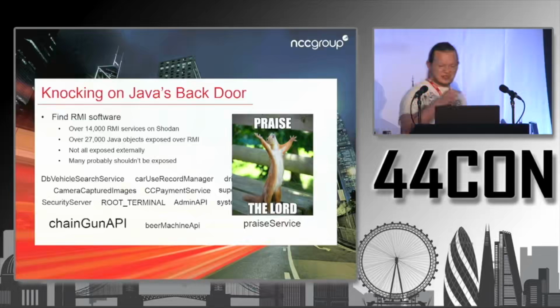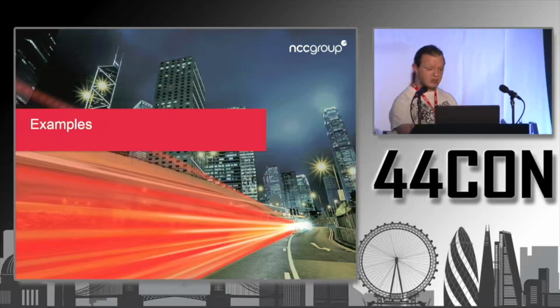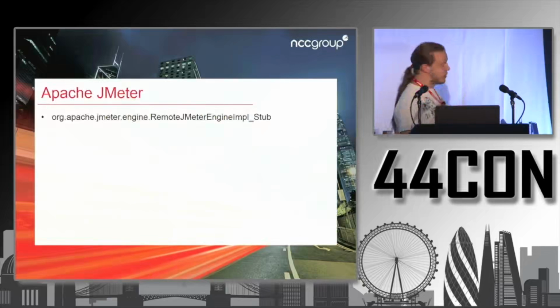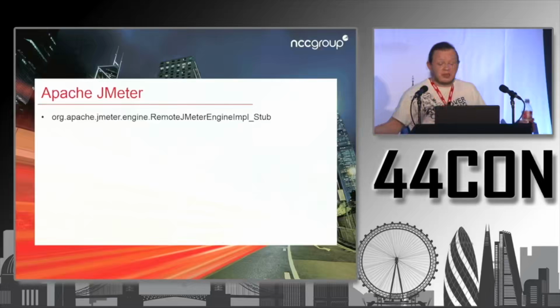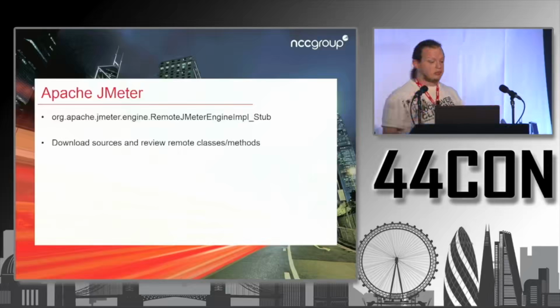And when we go back to that first example, if they're using RMI in that kind of way, this is pretty bad, right? So I picked out some examples that were fairly common amongst my results. First one, Apache JMeter. I have no idea what it does, but this is a class name that was exposed. It's open source, so you can download the sources and you can review the remote classes and methods.